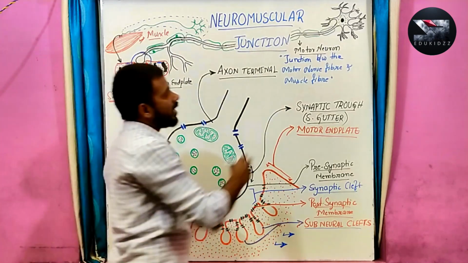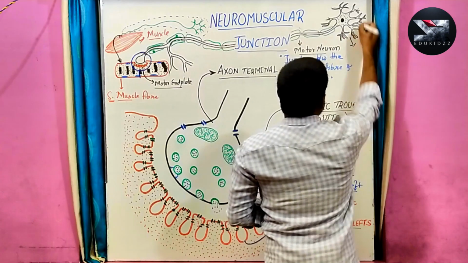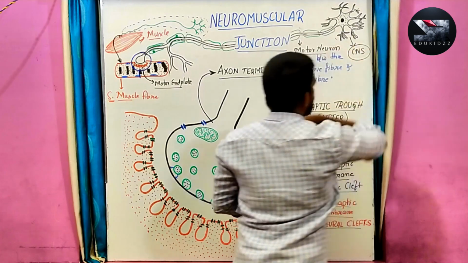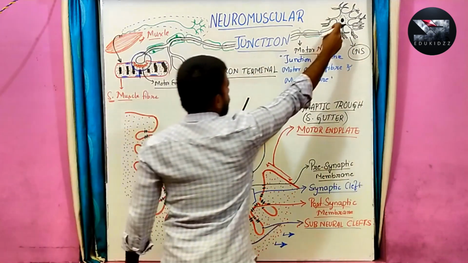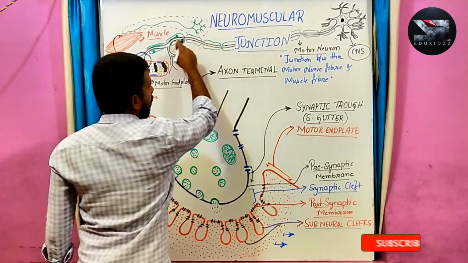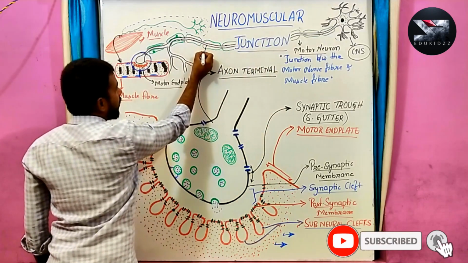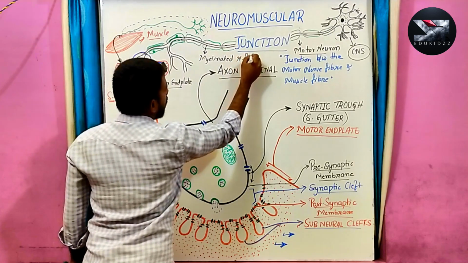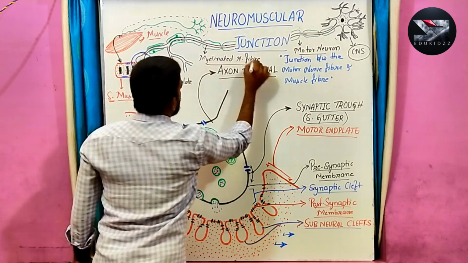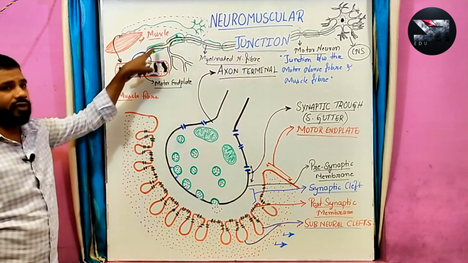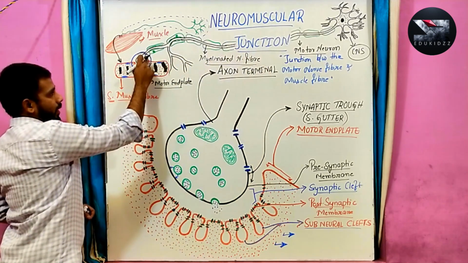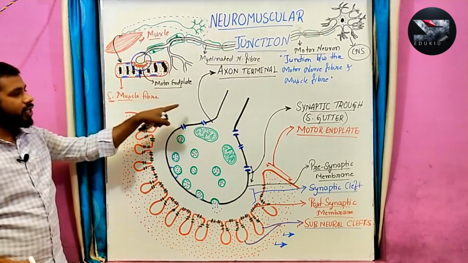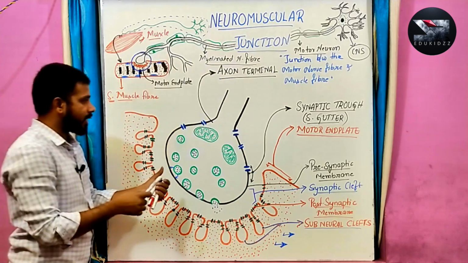Now here the cell body of the motor neuron, or cyton, is generally situated in the CNS, the central nervous system. This motor neuron has a myelinated nerve fiber, or myelinated axon. At its terminal end, which we can call the axon terminals, it loses its myelin sheath, as you can see in this diagram.